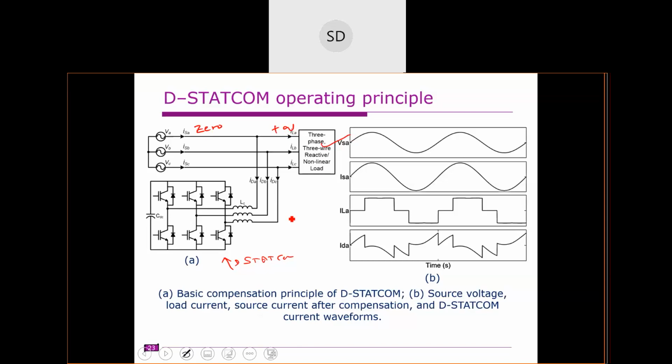That means the DSTATCOM is providing minus Q reactive power, so that at the source side it is zero. So the reactive power is mainly circulating between the load and DSTATCOM. In other words, the source is drawing reactive power which is opposite to the load.